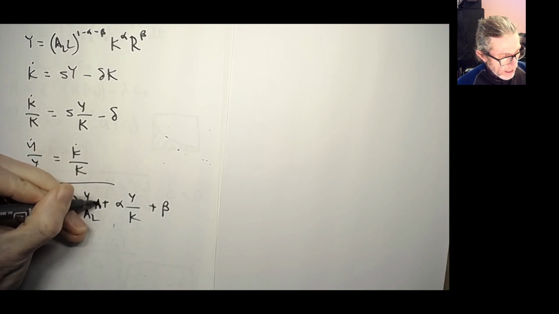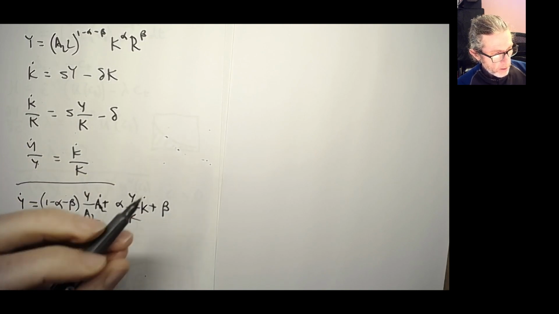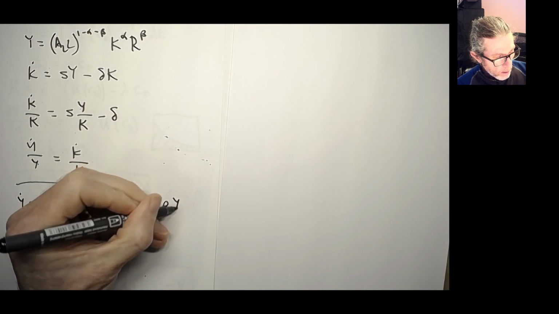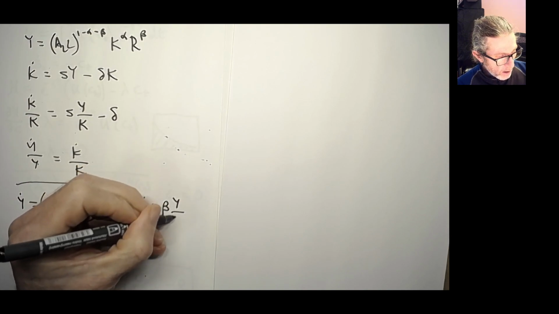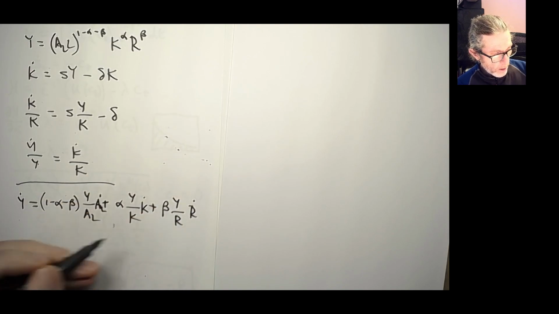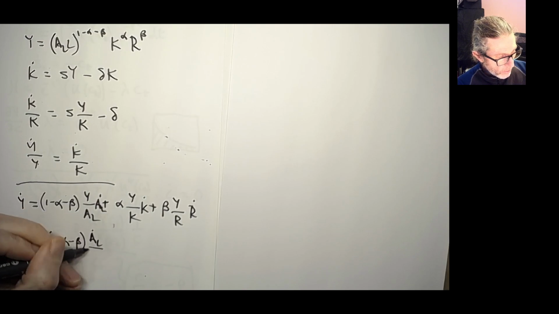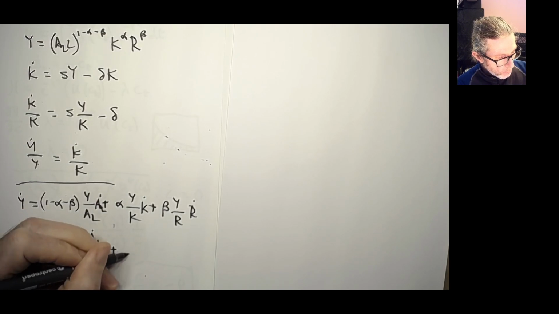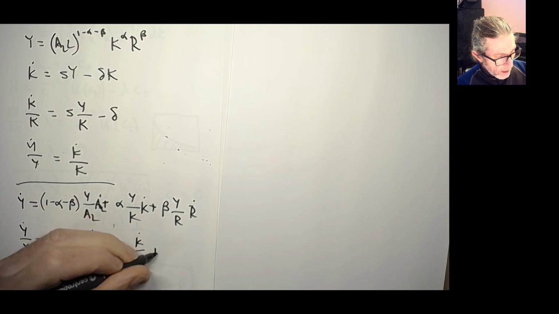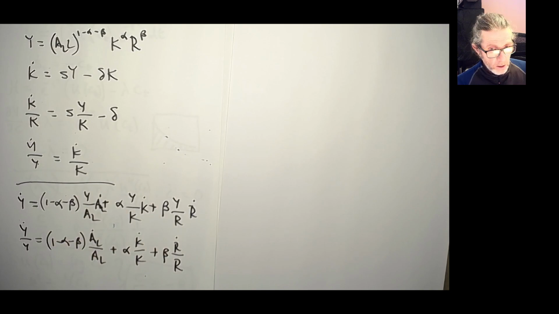So then it's al dot alpha y over k, k dot, beta y over r dot. And if we divide through by y, we get y dot over y, 1 minus alpha minus beta, al dot over al, plus alpha k dot over k, plus beta r dot over r.